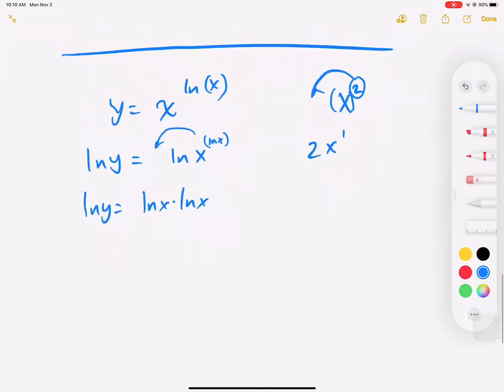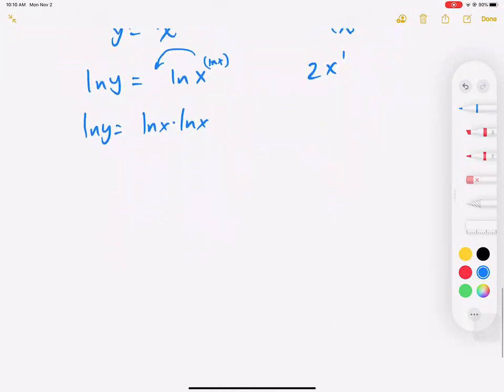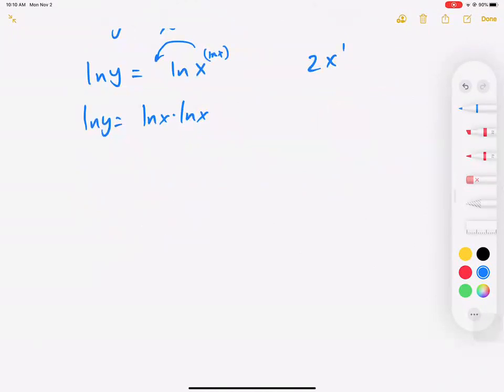Now from here, we can look for y prime. Take the derivative of everything with respect to x. That's 1 over y times y prime, equals, by product rule, 1 over x times ln of x, plus 1 over x times ln of x.